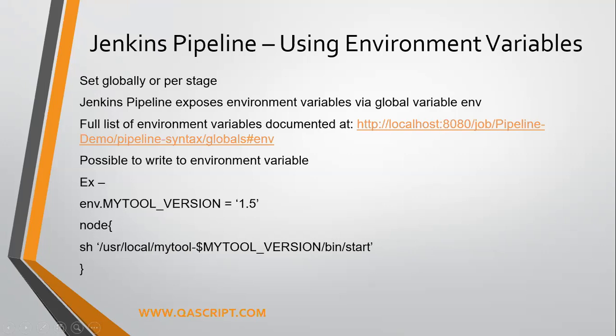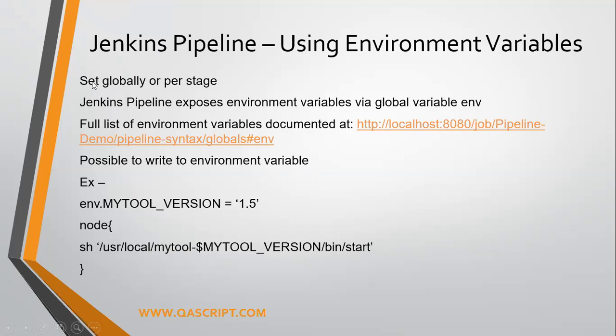Now, if you're working with Jenkins and you are creating any build or pipeline, you will be using either the default environment variables defined by Jenkins, or you'll be defining your own variables, right? So a few points before we jump into Jenkins and create a pipeline with some variables.